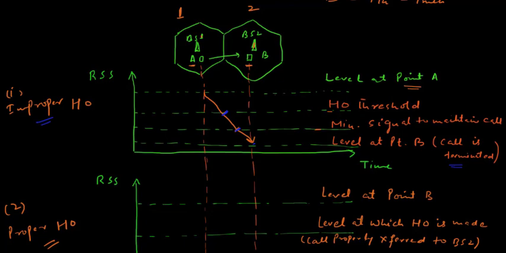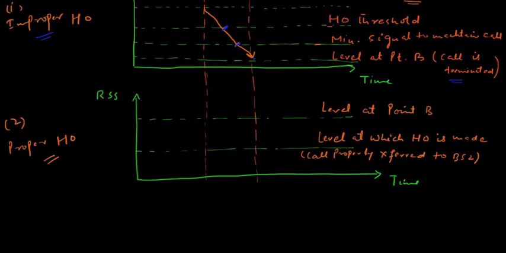Fine. And on the other side, in case of proper handoff, if your mobile node moves in a fashion like this, if it reaches here, and from this point, which is called the threshold level, the mobile node initiates the handoff process in this way, and it goes up to the signal level of point B. Okay, so this kind of handoff is called a proper handoff mechanism.